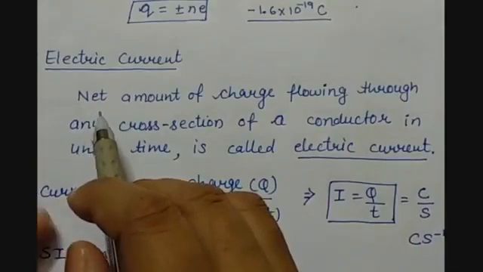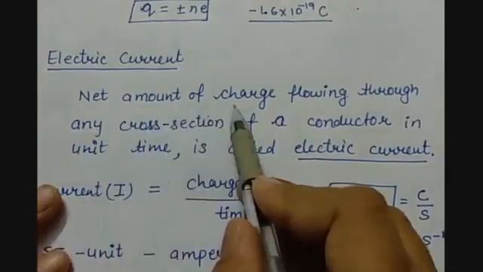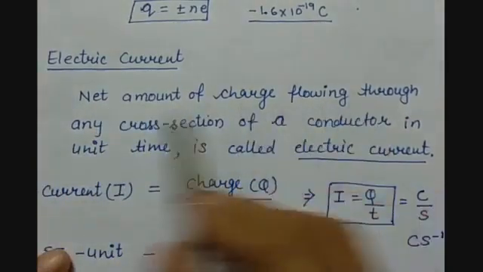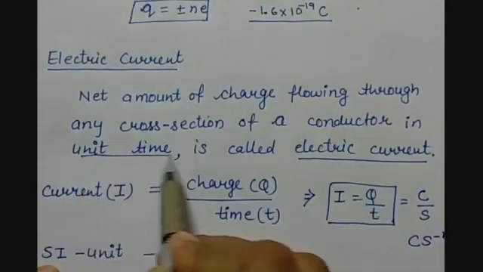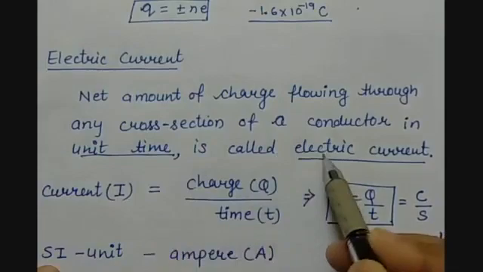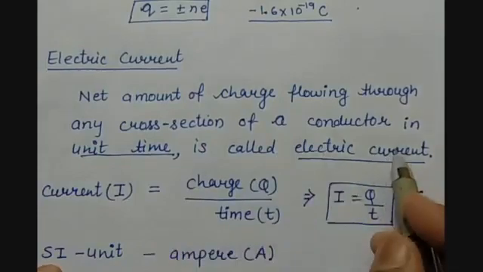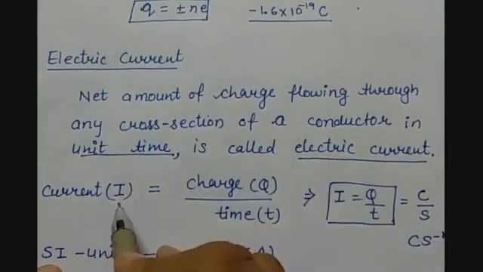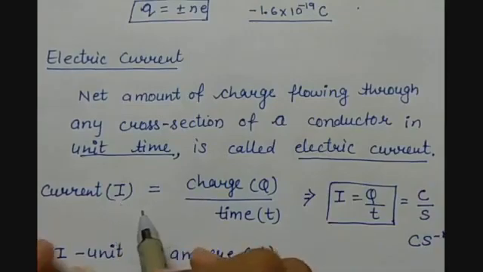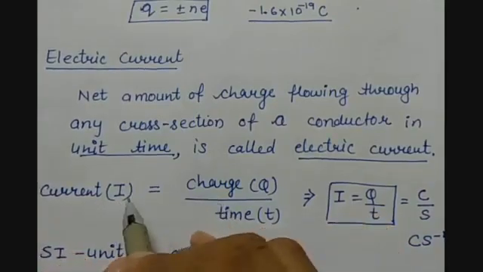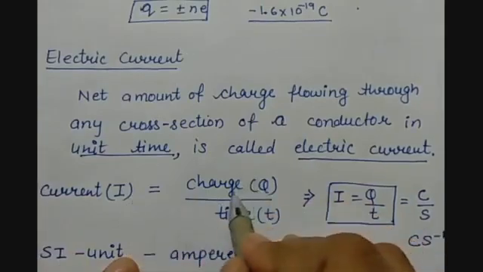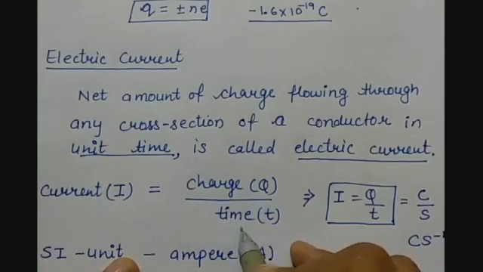We can also say the net amount of charge flowing through any cross section of a conductor in unit time is called electric current. It is denoted by capital I and measured in amperes. I is equal to charge per unit time.